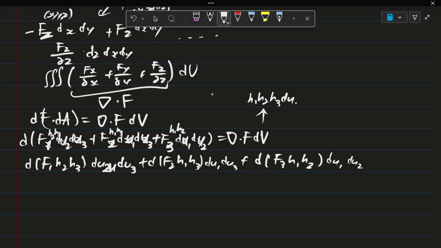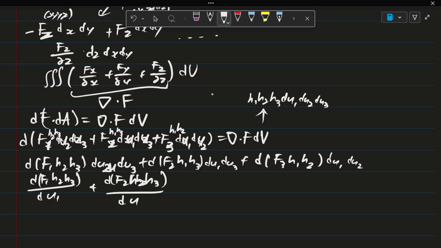what ends up happening is this will be the partial of f1 h2 h3 over partial u1 plus the partial of f2 h1 h3 over partial u2 plus the partial of f3 h1 h2 over partial u3.